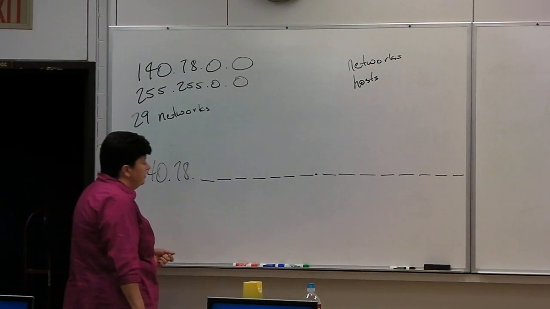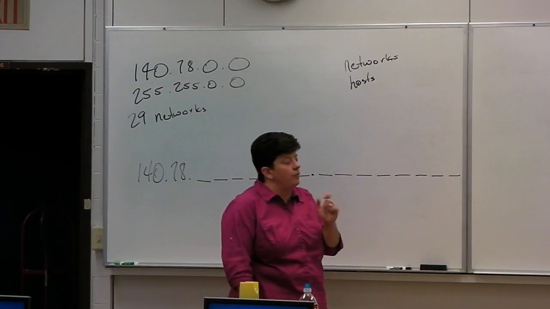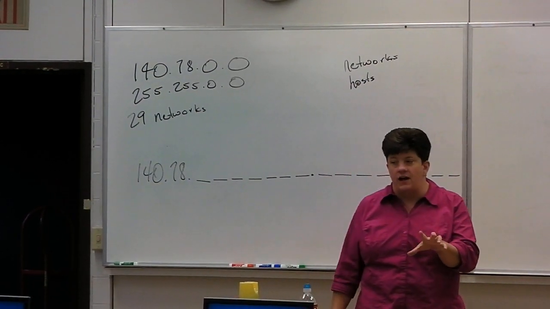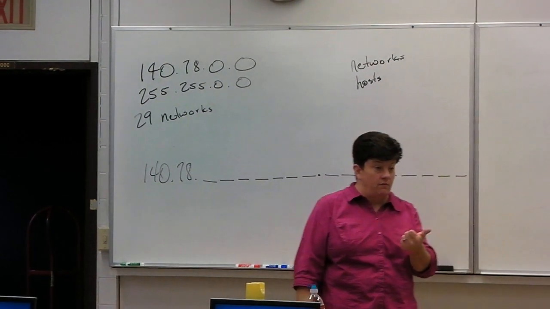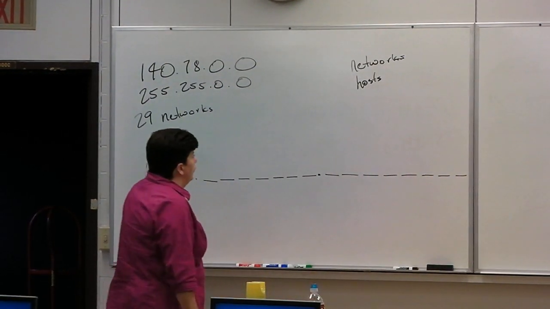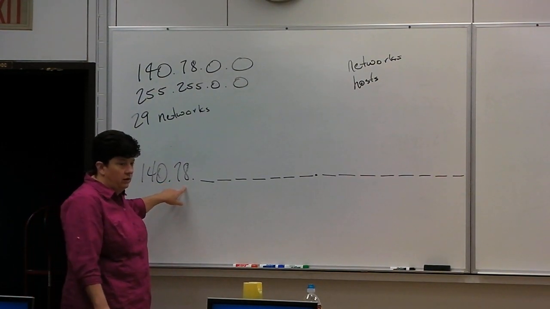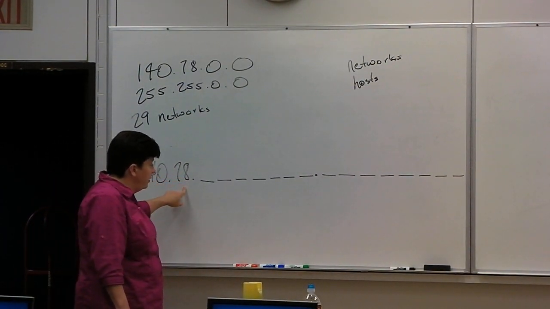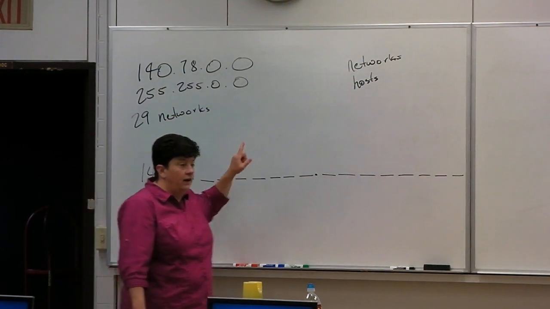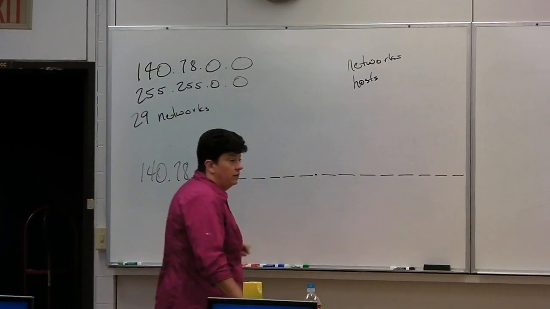Y'all already told me that if I wrote the number 255, that was my broadcast address, right? The broadcast address for the 140.78 network is 140.78.255.255, right?